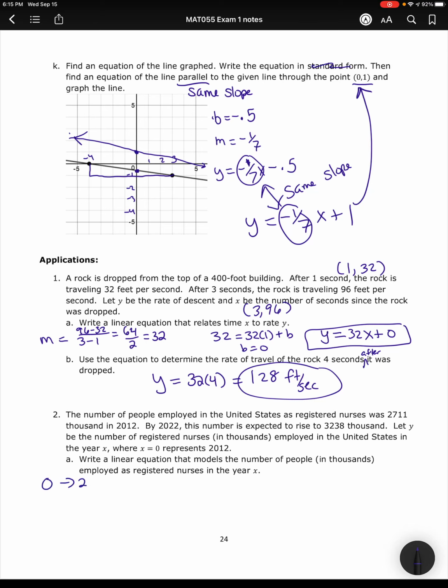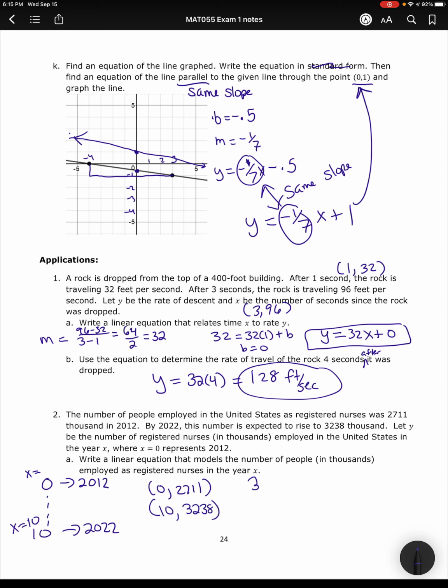So if 0 relates to 2012, then what number relates to 2022? So you can just subtract that, right? So 10. So this is your x equals 0, x equals 10. So the 2 points given then are (0, 2711), which is the y-intercept, and then (10, 3238).